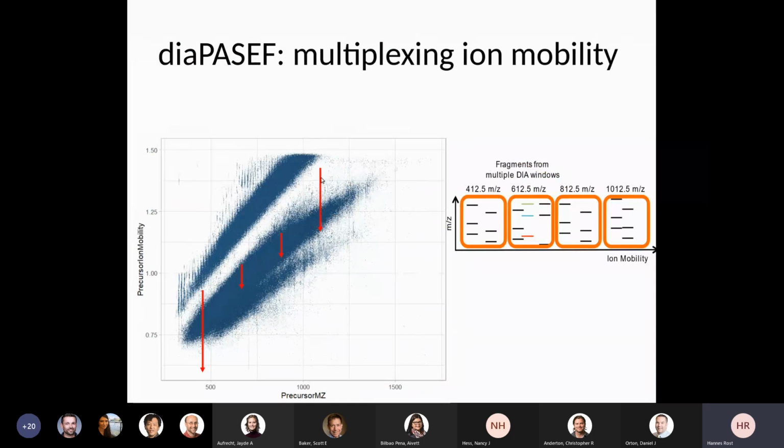Once all of the 2+ ions have passed, we would switch the quadrupole to a new setting to measure ions of a lower mass to charge range, such as 800 to 825. Once these ions have passed, we would switch the quadrupole again to select a new batch of ions, let's say 600 to 625.